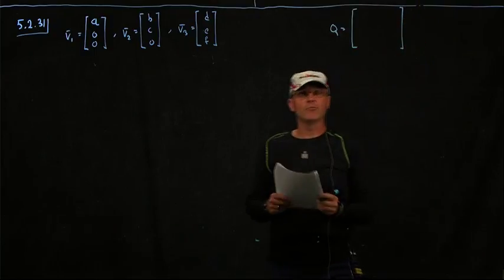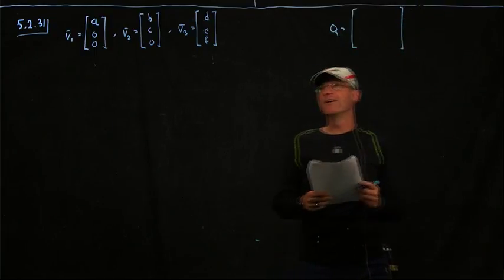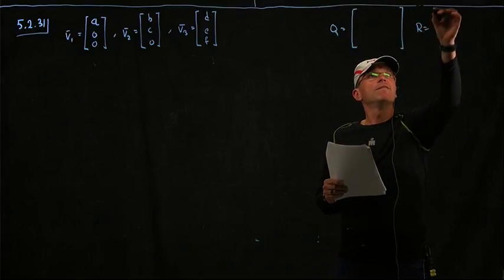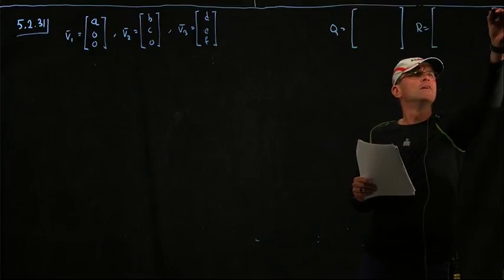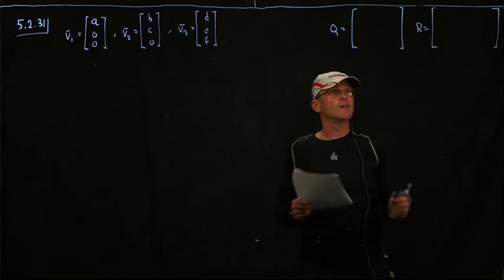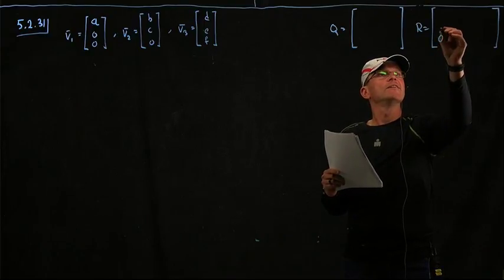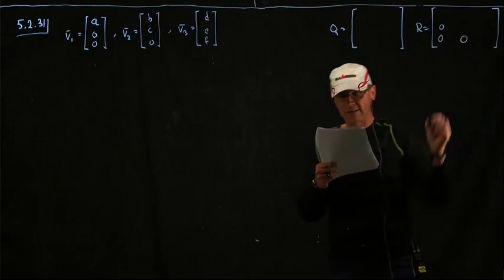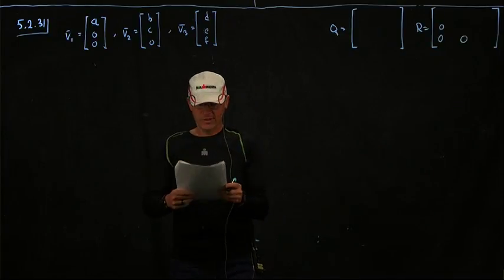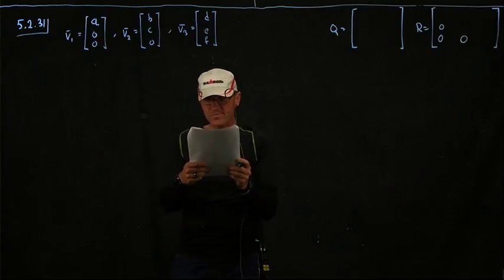So we end up with 3 Q vectors of length 3. And we will end up with an R matrix that is also 3 by 3. And that still fits on the screen, just barely. And R is always upper triangular, right? So we can fill in the zeros.